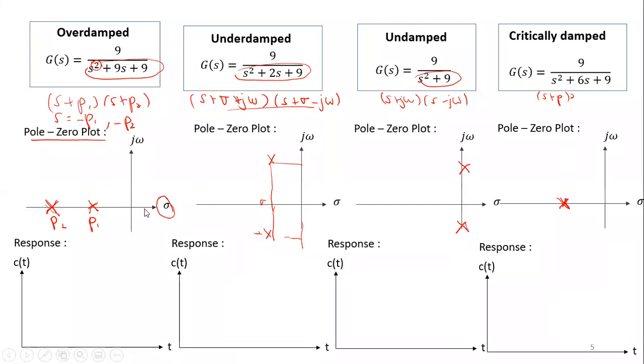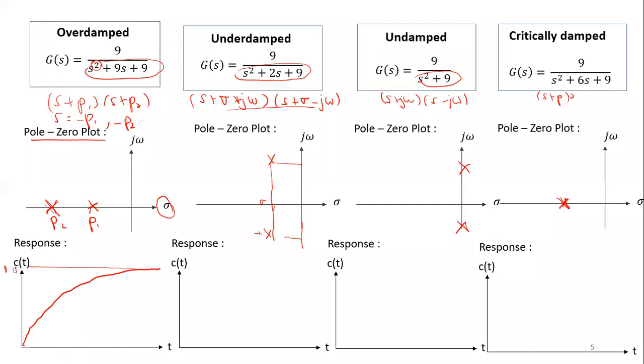Okay, so lastly, second is on the response. For the overdamped, when you have an overdamped system with the two poles at the real parts, the kind of response is like this. You can refer to your textbooks. It should reach somewhere at the desired point that you want, but this we call overdamped.